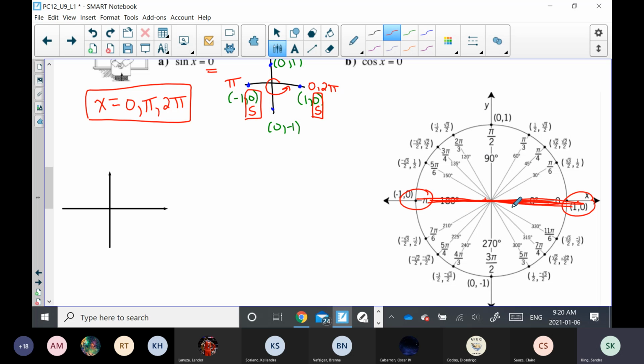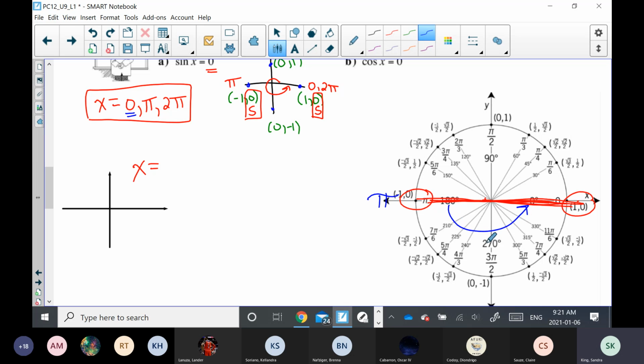So how would you write your general solution if your answer is on a straight line? We're not going to take 0, so just ignore the 0. You're going to look at pi. If this is pi, how do I get back to here? What would I have to add to this?